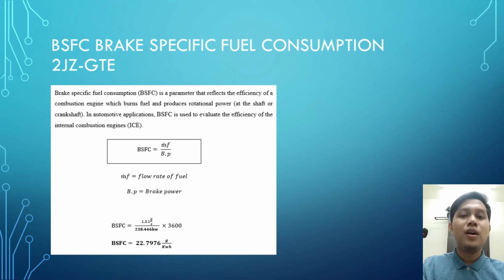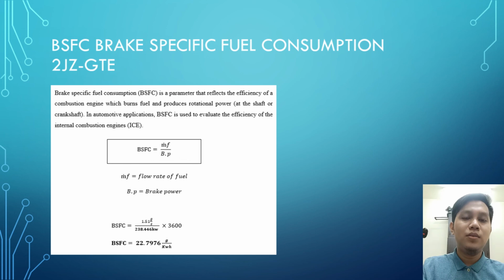In automotive application, BSFC is used to evaluate the efficiency of the internal combustion engine. The formula for BSFC is BSFC equals flow rate of fuel over rate of power. For our engine, BSFC equals 1.51 g/s over 238.446 kW times 3600.